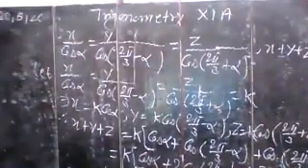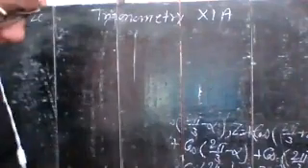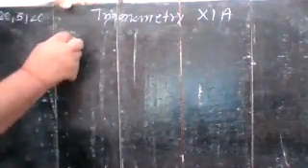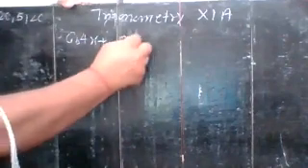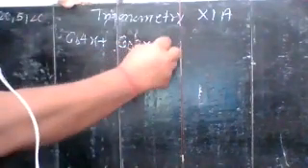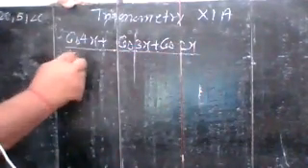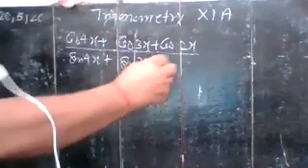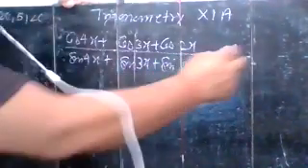Prove that (cos 4x plus cos 3x plus cos 2x) divided by (sin 4x plus sin 3x plus sin 2x) is equal to cot 3x.